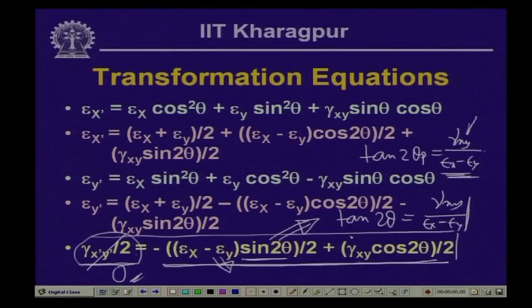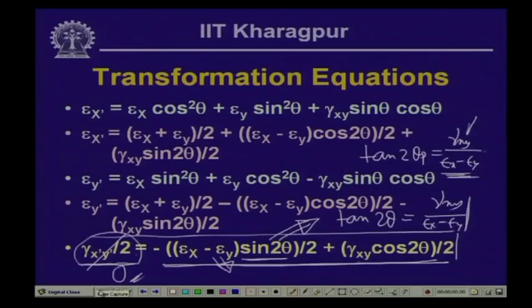0. As we had seen in the case of stresses, the plane along which the maximum normal stress acts has zero shearing stress. In a similar line here, at the orientation where we get the maximum normal strain, which we call principal strain, the shearing strain in that element is 0.